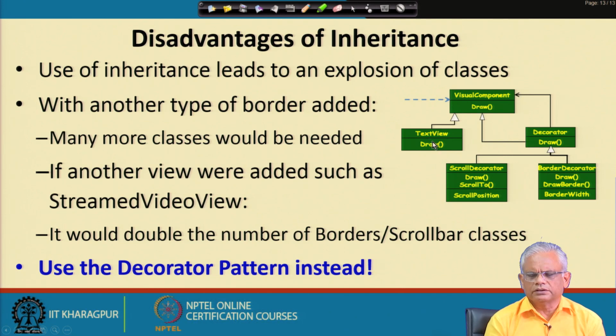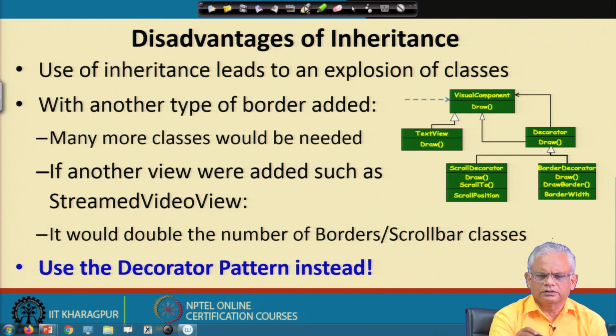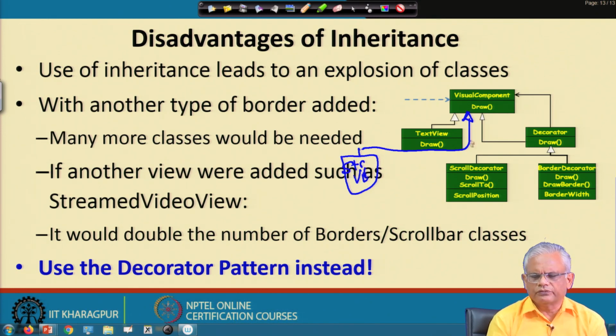So, we had the text view. Okay, we will write here that we have the text view, and we can have one more class here, basic class, the streamed video view. So, just add one more class here, the basic class, and these decorators can be applied to the streamed video view as well.